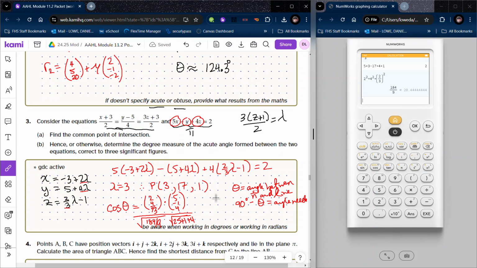But you could also use the following relationship. The complement to the cosine is going to be saying that my sine of theta is going to be 2, 4, 2/3 dotted with 5, -1, 4 all over the square root of 184 over 9 times the square root of 25 plus 5.